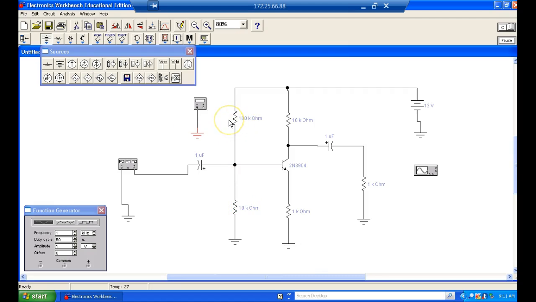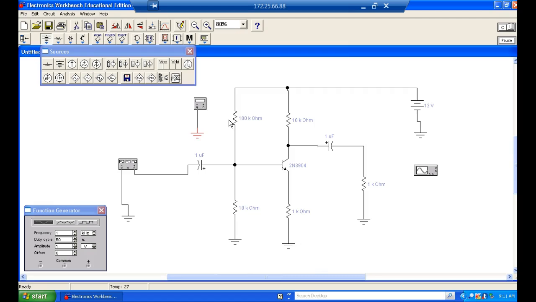Okay, so we want it to drop 9.7, right? Is everybody okay? Okay, 9.7. So how much current through a 100K resistor would be required to drop 9.7 volts? What's that? 97 microamps.